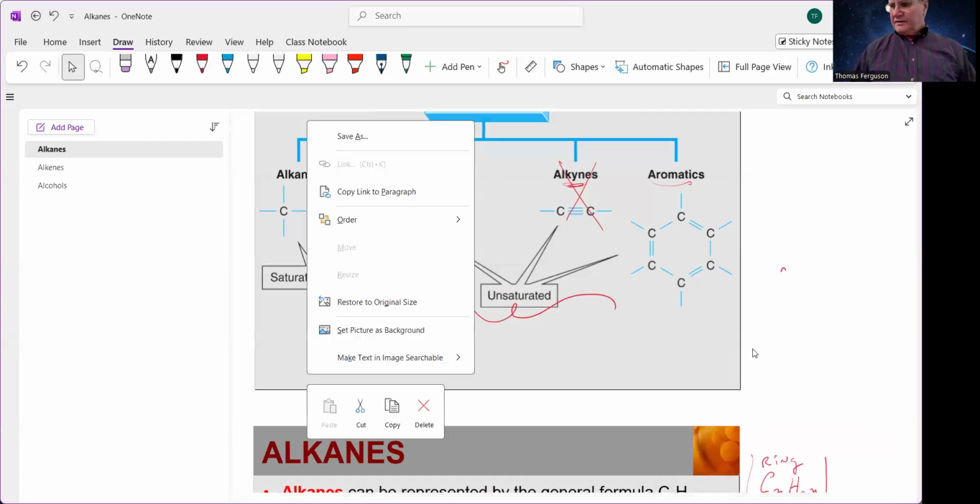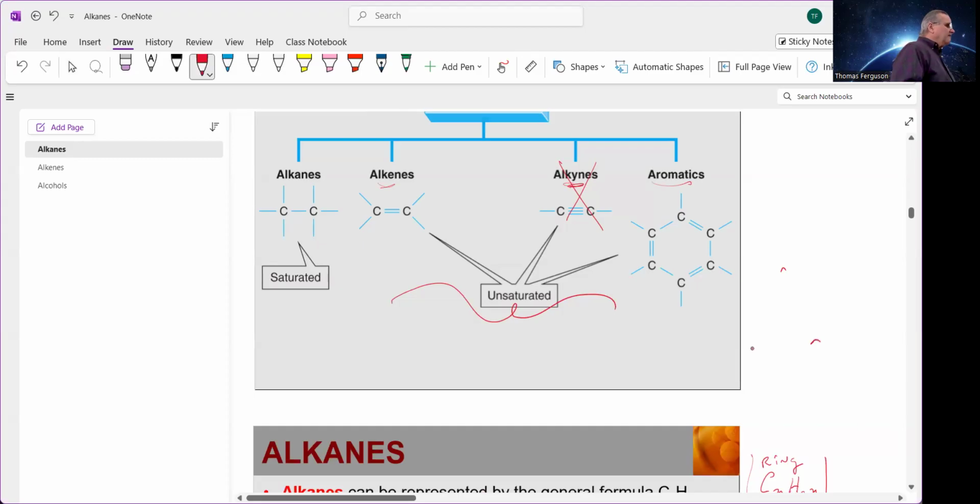Now, this class is designed for allied health. In our body, we have no triple bonds of carbon. That class of chemicals is called alkynes. We're not covering those. We're only covering alkenes. Alkenes are very ubiquitous in our bodies.